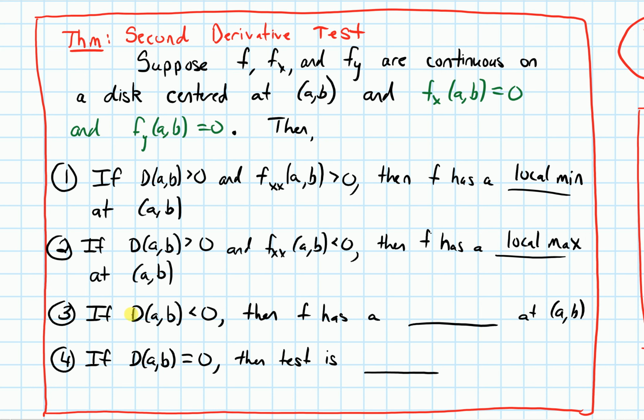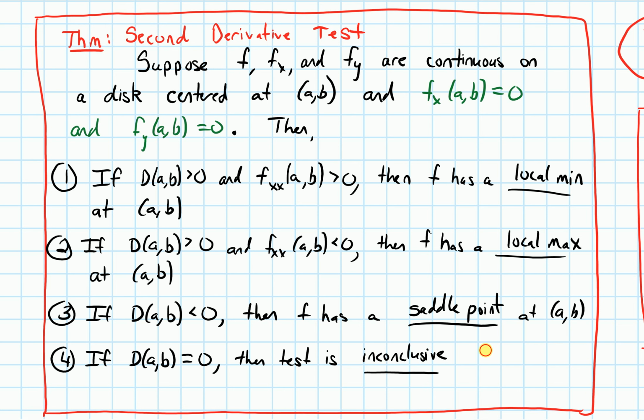If that Hessian, if this determinant is less than 0, then the second partial of f with respect to x doesn't matter. It turns out then f has a saddle point at (a, b). And the last case is, well, what if that Hessian, what if that determinant is equal to 0? When that happens, the test is inconclusive.